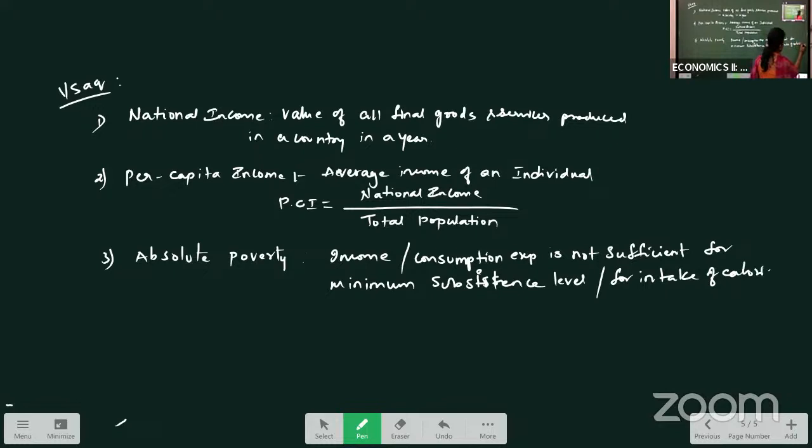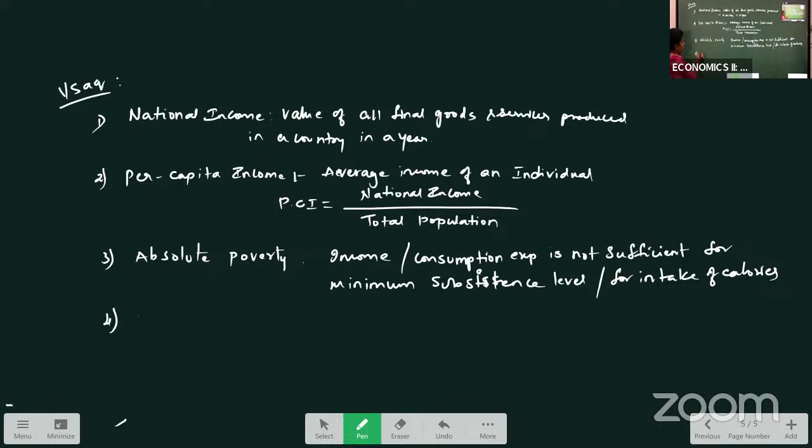People are called absolutely poor when their income or consumption expenditure is not sufficient for the minimum subsistence level, or when the income is not sufficient for intake of the required calories. That situation is called absolute poverty.